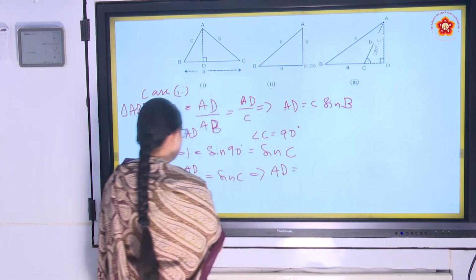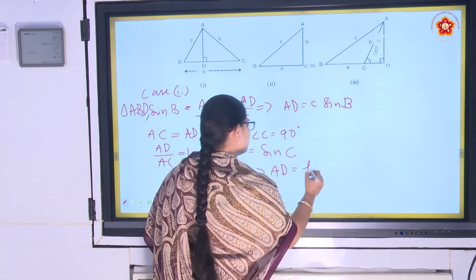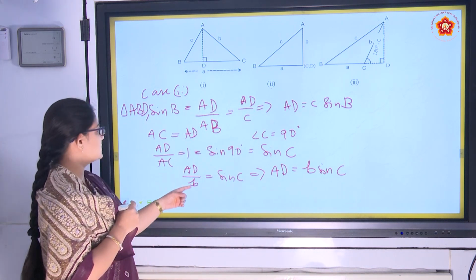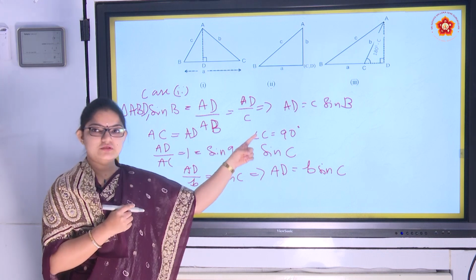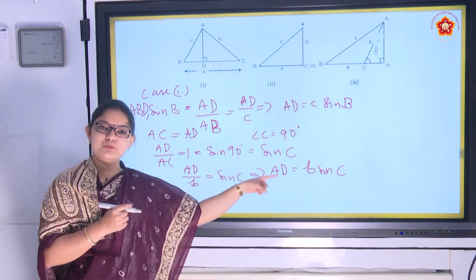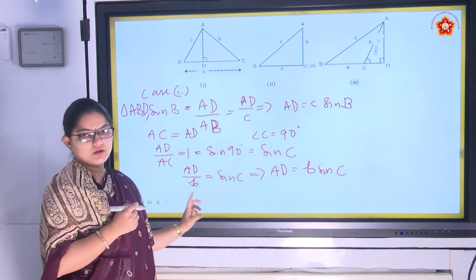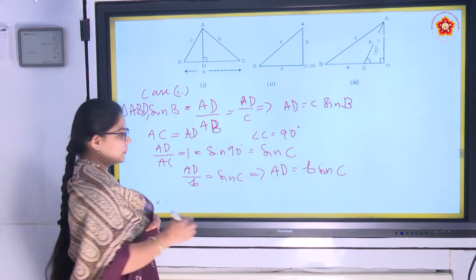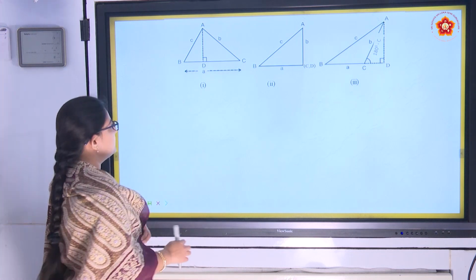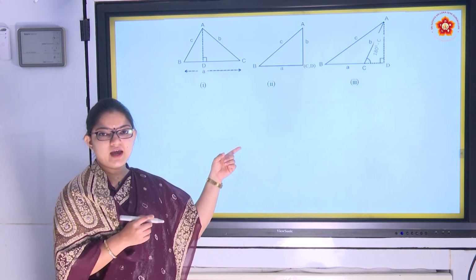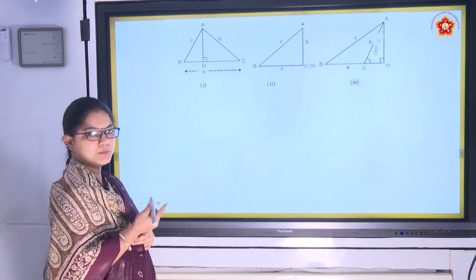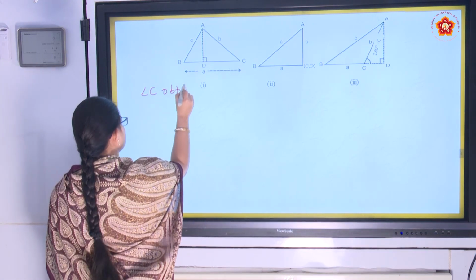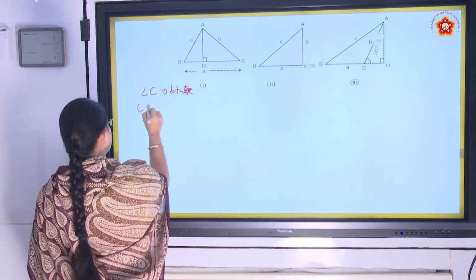AD is nothing but B sin C. So in this case also we got AD is equal to C sin B and AD is equal to B sin C, similar to the first case. Now let us prove this in the third case also. So coming to the third case where you have angle C is obtuse angle. So angle C is obtuse in the case 3.